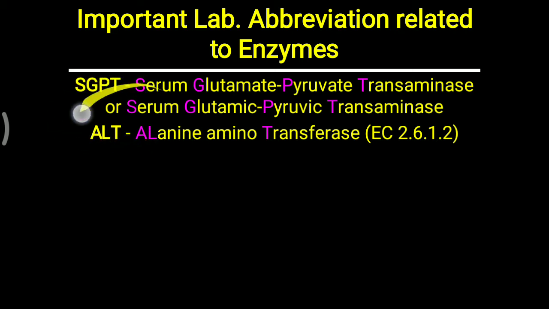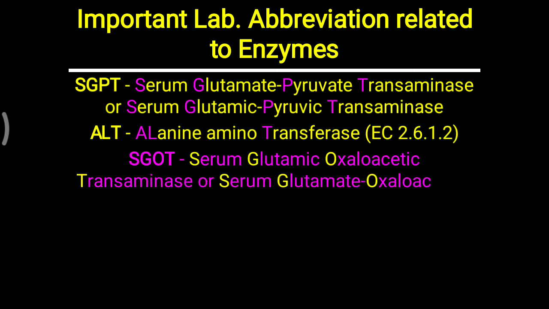The exact IUBMB classification of SGPT or ALT is EC 2.6.1.2, belonging to the transferase class of enzymes. Further, the full form of SGOT is serum glutamic oxaloacetic transaminase or serum glutamate oxaloacetate transaminase. Same as SGPT is called ALT, SGOT is also called AST.